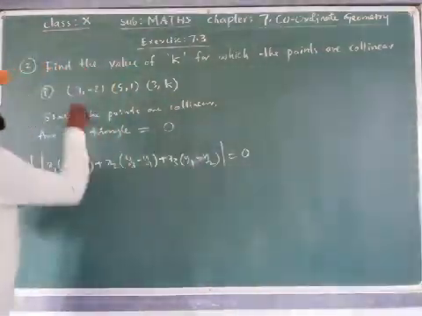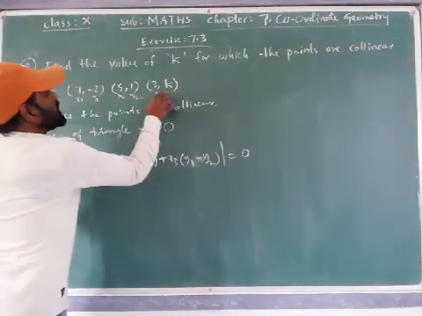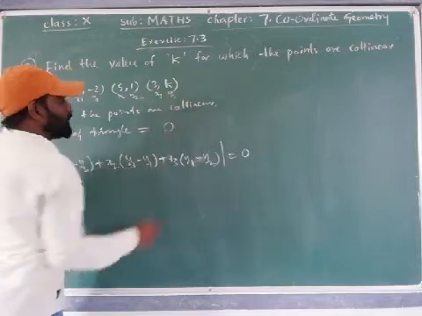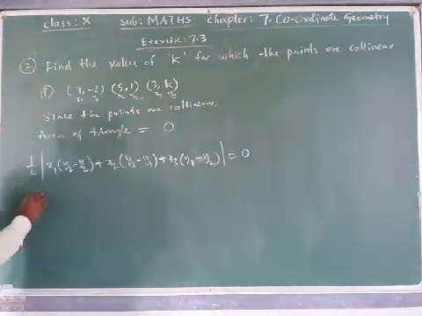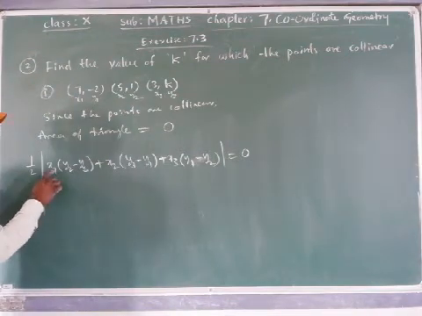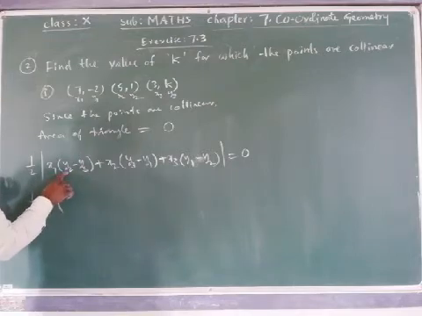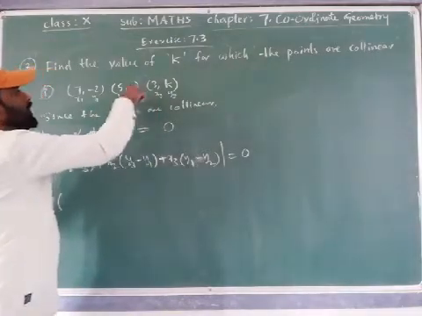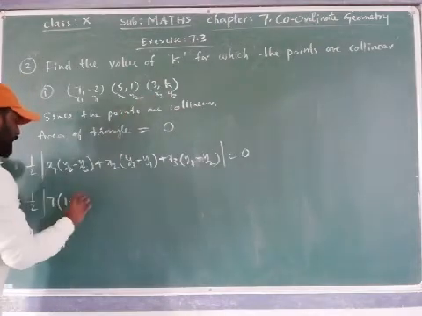Just substitute them. Here this is x1 y1, this is x2 y2, this is x3 y3. Right? Just substitute them in the formula. Half into x1. What is x1? 7. y2, what is y2 here? This one, minus y3 is k.